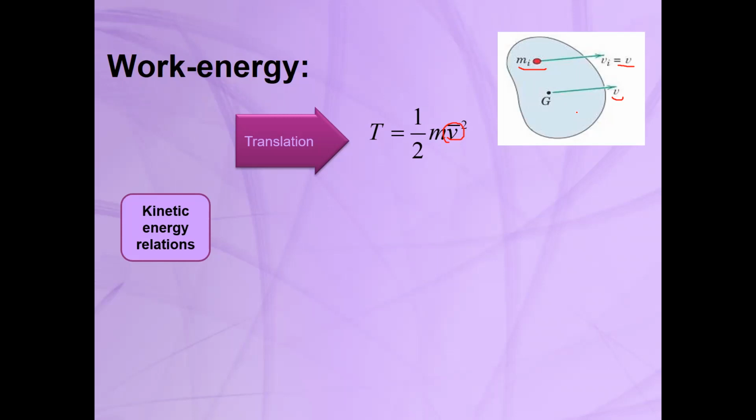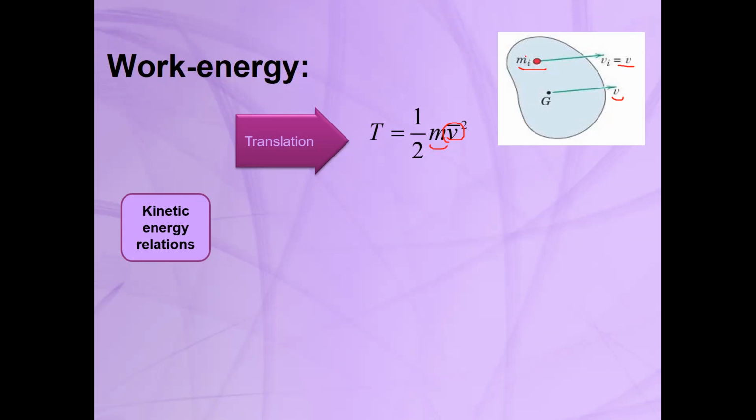The kinetic energy for this rigid body is half times mv squared. It's exactly similar to the particles. So when we have translational motion in a rigid body, the kinetic energy is the same as for a particle, half mv squared, and m is the total mass of this rigid body.